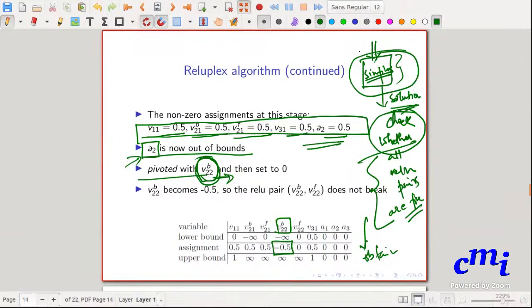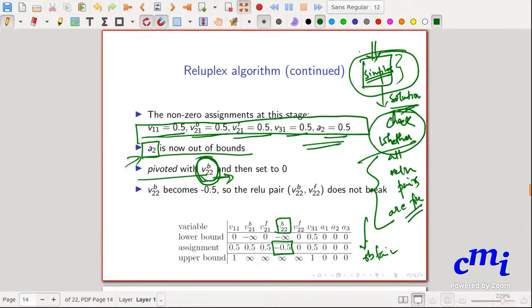Now, one of the things that's important to understand is what happens if this goes on. So you solve your simplex, you get a solution, some ReLU pair breaks. Then you fix that ReLU pair, you go back, and once again you get a solution and some ReLU pair breaks. Okay, and this can go on and on.